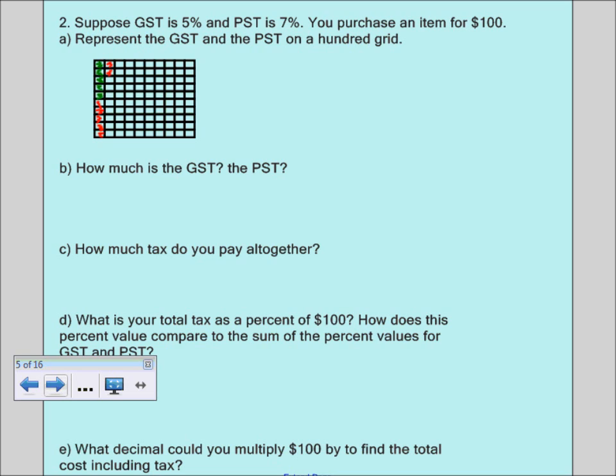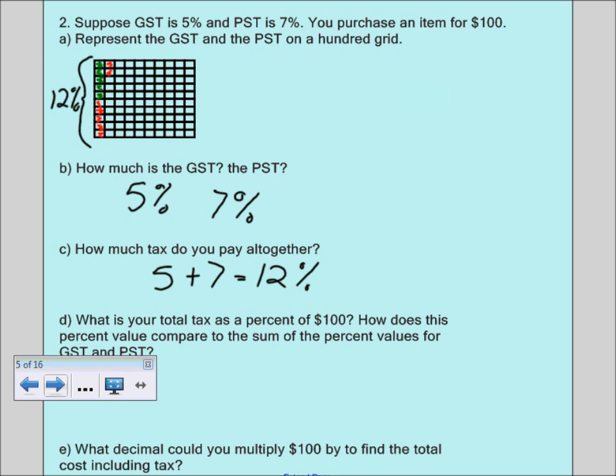So the total would be 12%. How much is the GST? How much is the PST? 5%, 7%. How much tax would you pay altogether? 5 plus 7 equals 12%.